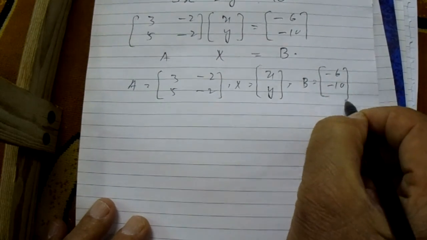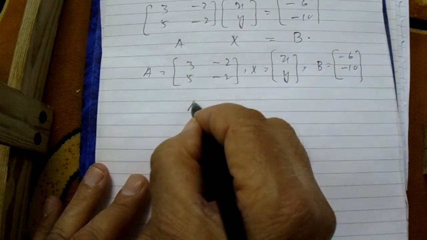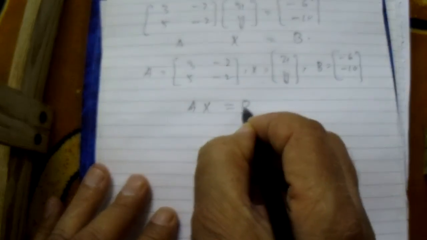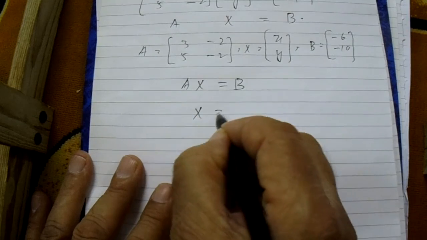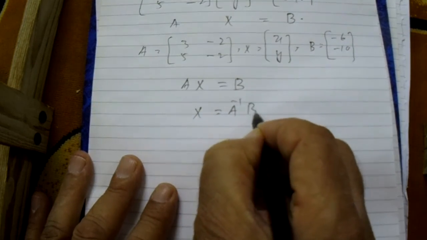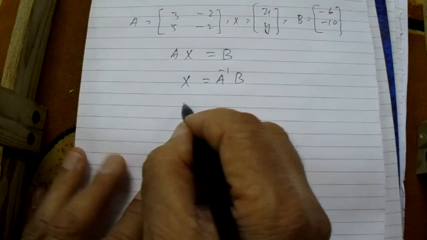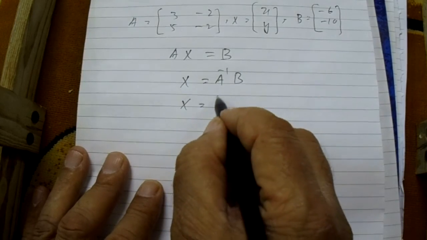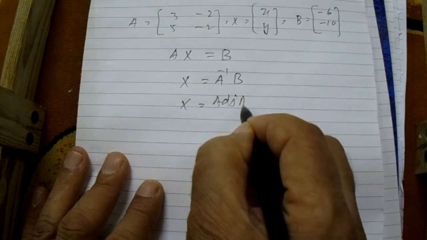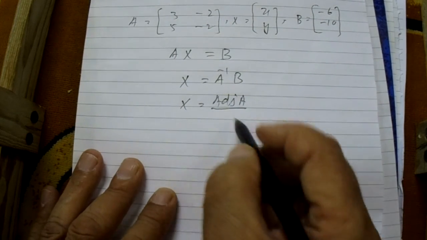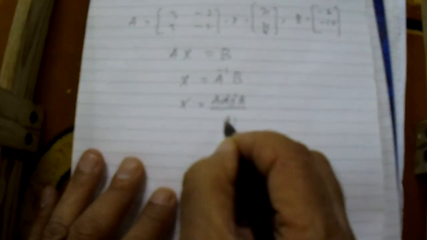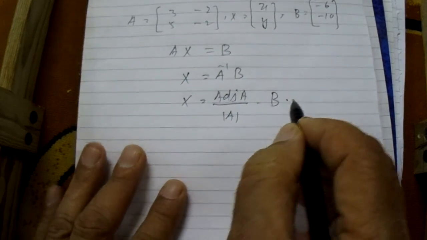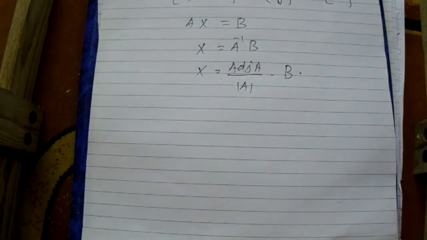Again we write AX is equal to B and X is equal to A inverse B. Now A inverse is equal to adjoint A over determinant A. We have learned this before in exercise 1.5. First we will find determinant A, then we will find adjoint A.